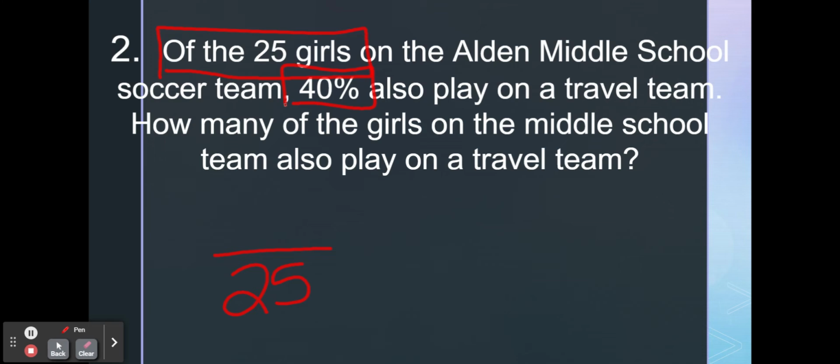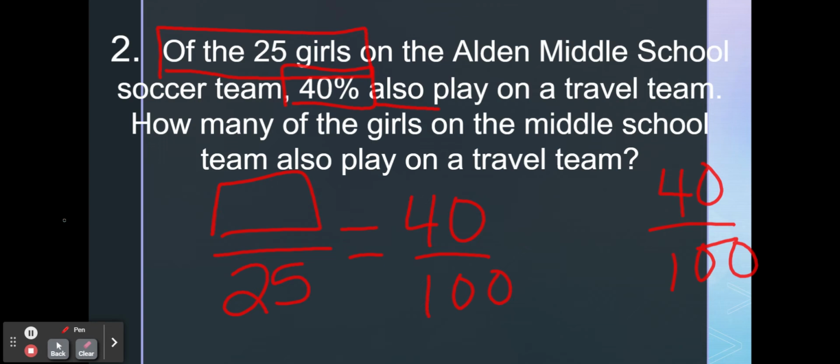Remember, I need to transfer that percent to a fraction, and 40% really means 40 over 100. So I'm not going to put that 40 over 100 sitting here above the 25. I need to use that as my equivalent ratio or fraction because 40% is 40 over 100. All right, so I can do the same thing here.